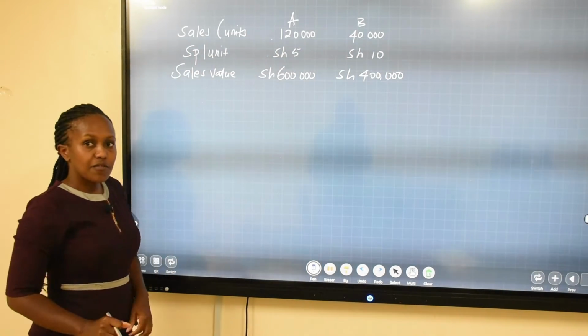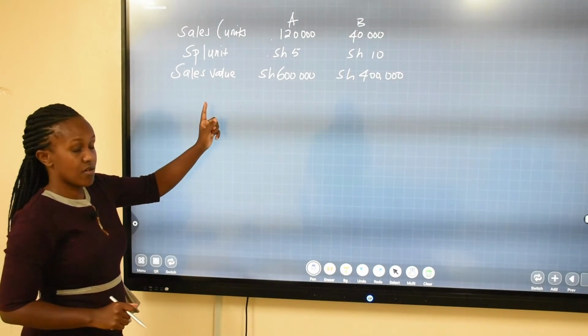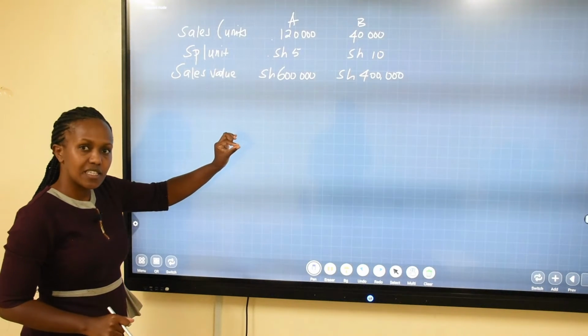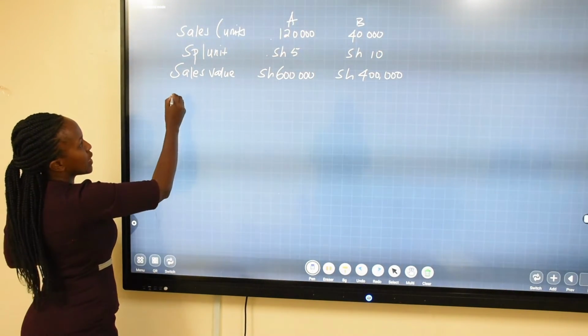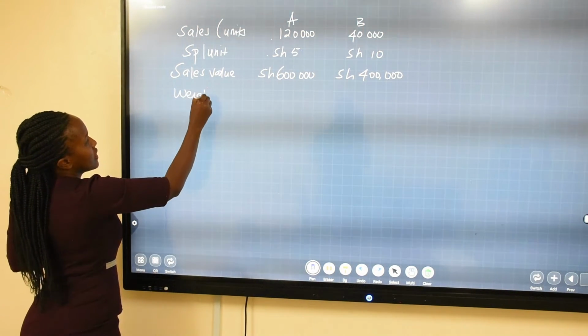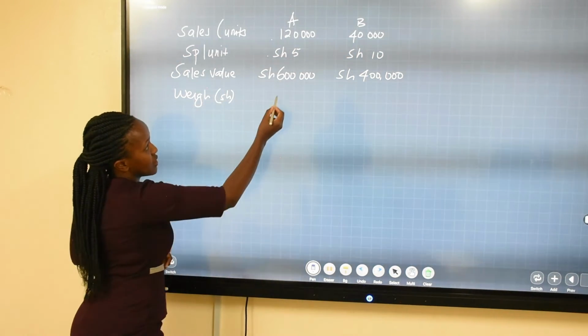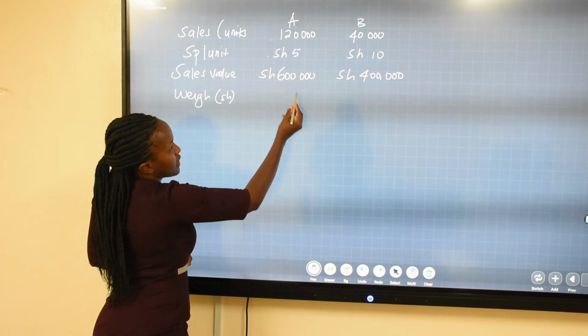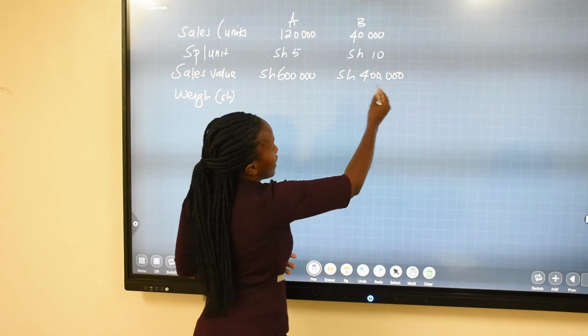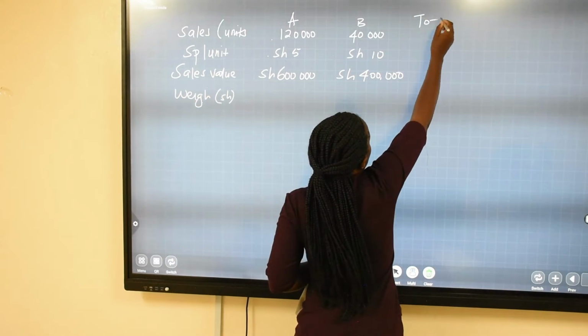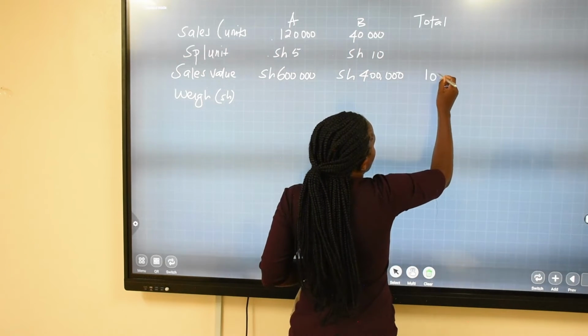Those are the sales values. Now, I insist that we need to get the weight in shillings. So the weight of A now changes. It is equal to the total of these two, as much as I have not put the total column, which is 1 million.